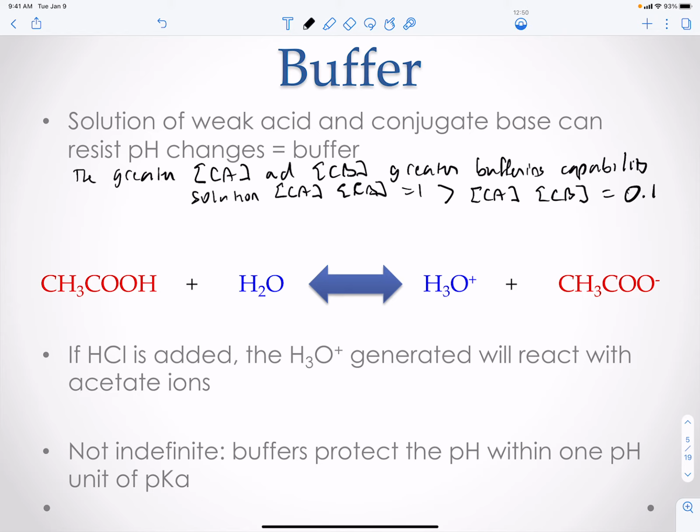So in the case if you had the conjugate acid equal 1 and then you had the conjugate base equal 0.1, in this particular buffer you will have a higher capacity for addition of a base since you have more acid present.